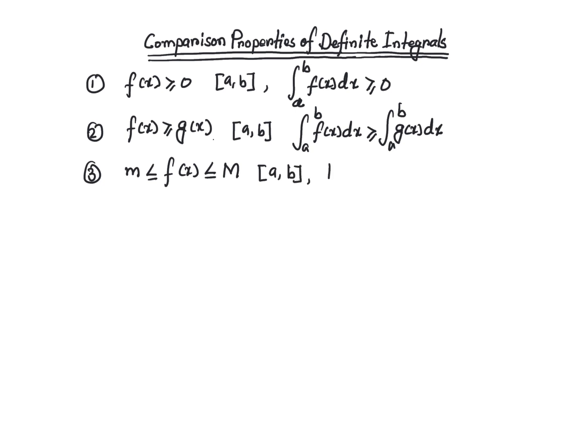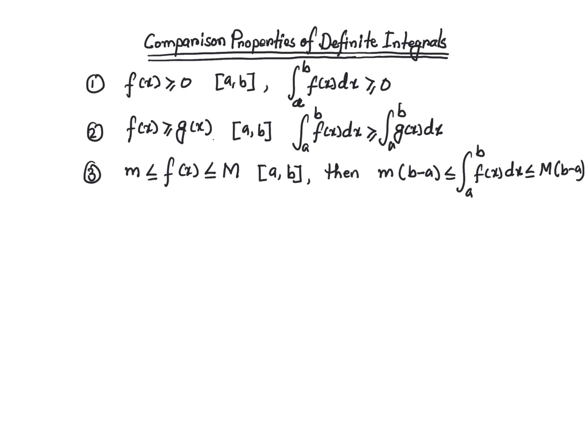Then m times (b minus a) is less than or equal to the integral from a to b of f of x dx, which is less than or equal to uppercase M times (b minus a). And this is pretty easy to show.